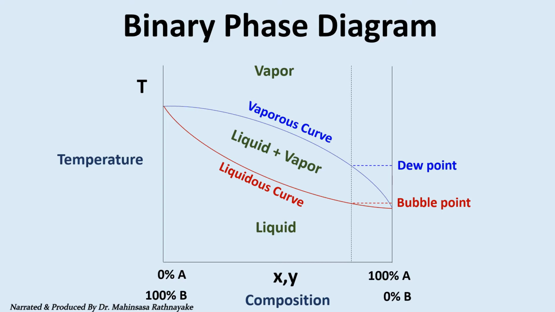So we can understand that there are many bubble points and dew points for a binary mixture at different compositions. The locus of the bubble points and dew points is this binary phase diagram. So we can say that the liquidous curve is the bubble point curve and the vaporous curve is the dew point curve.